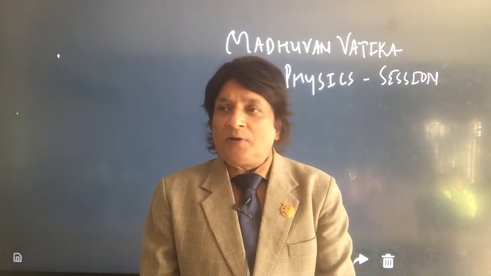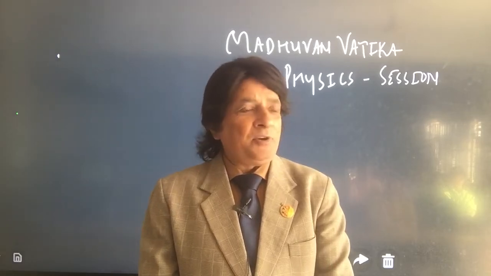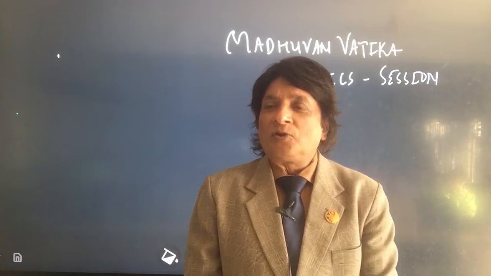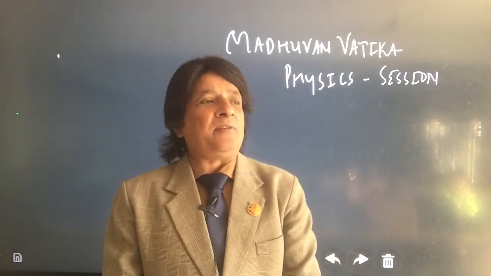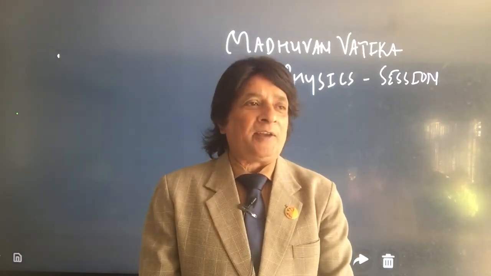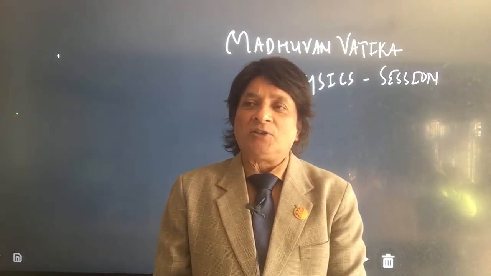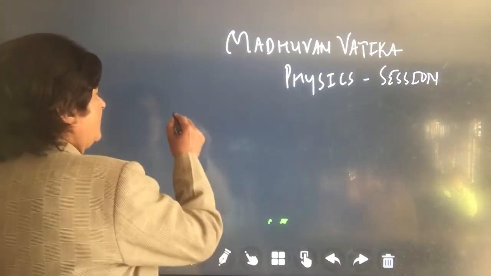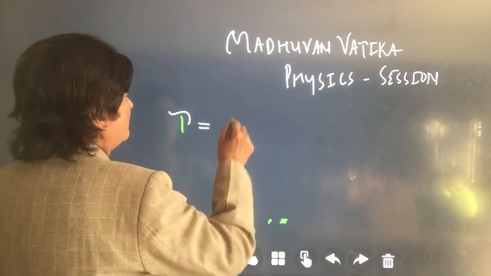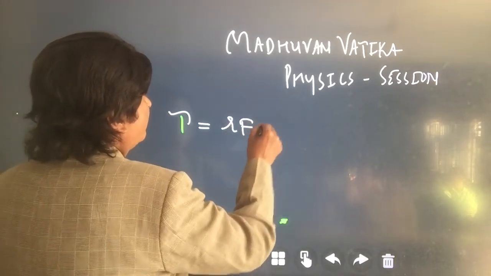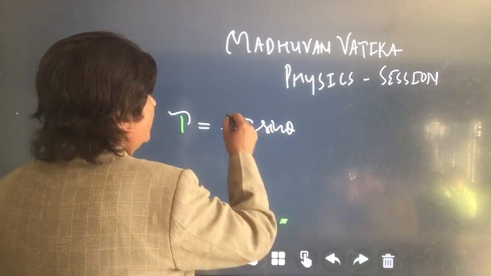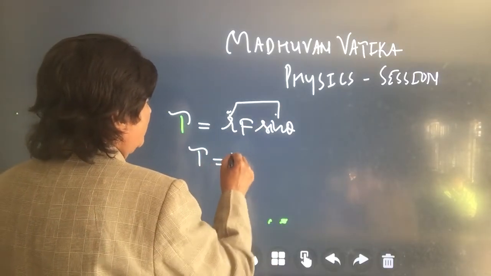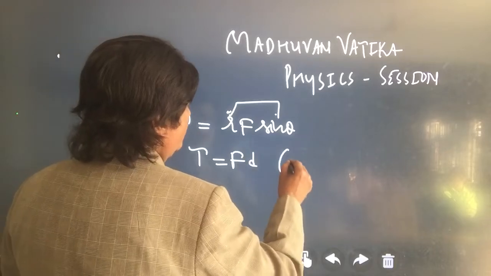How will you define what is torque? Moment of linear force. Torque is what? R F sin theta, or F into D. R sin theta is a perpendicular distance. You must be knowing torque is equal to R F sin theta. This R sin theta is called what? That is F D. What is D here?